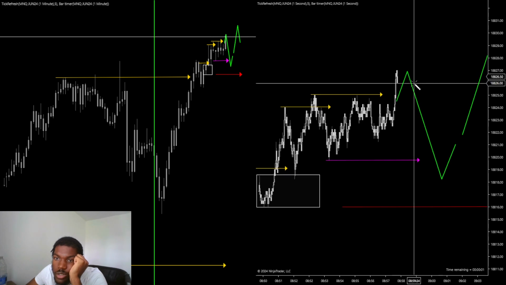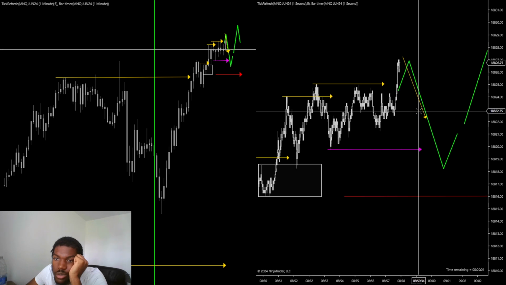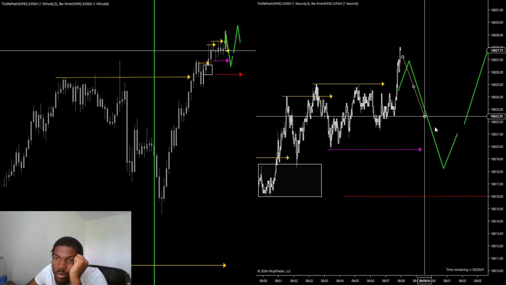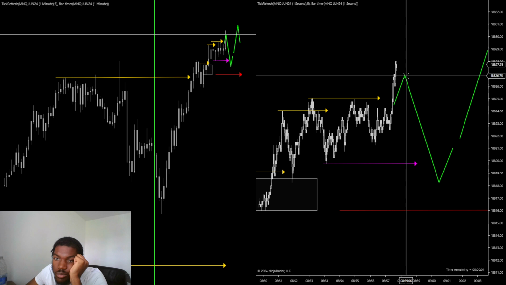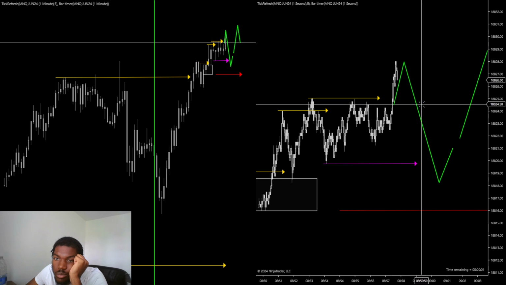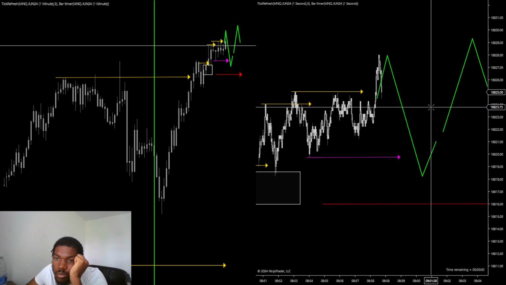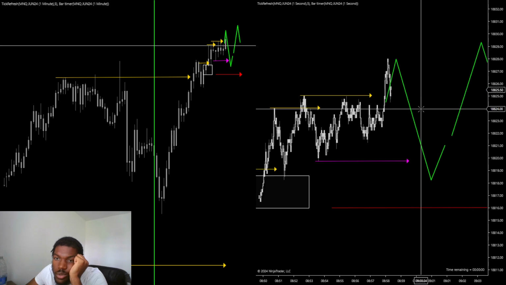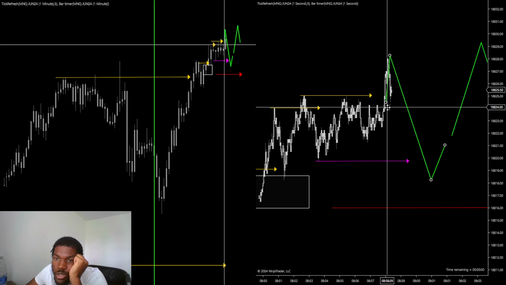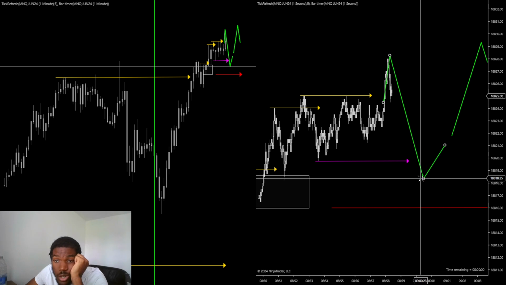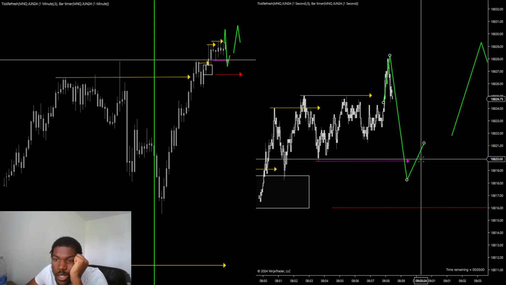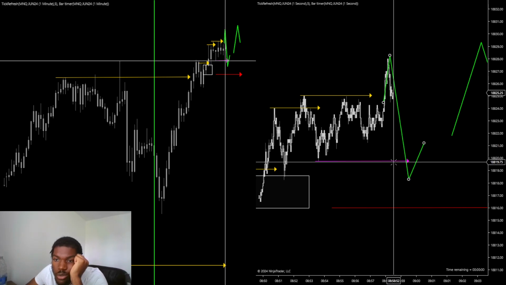So now I'm looking for it to just move back into the range. So we see them move back into the range. Now this is a stretch, but now I want to see price take this lower.